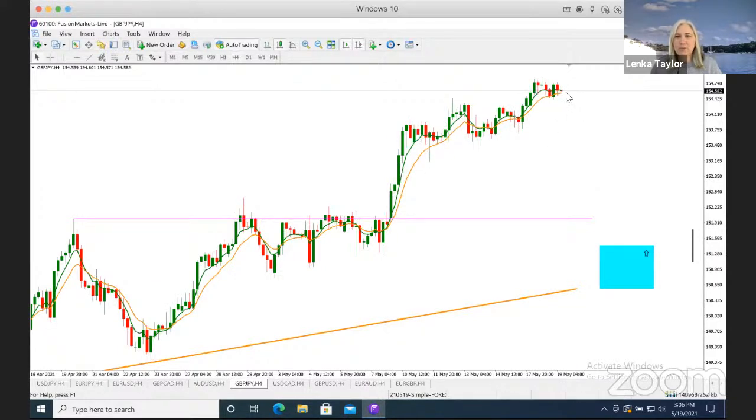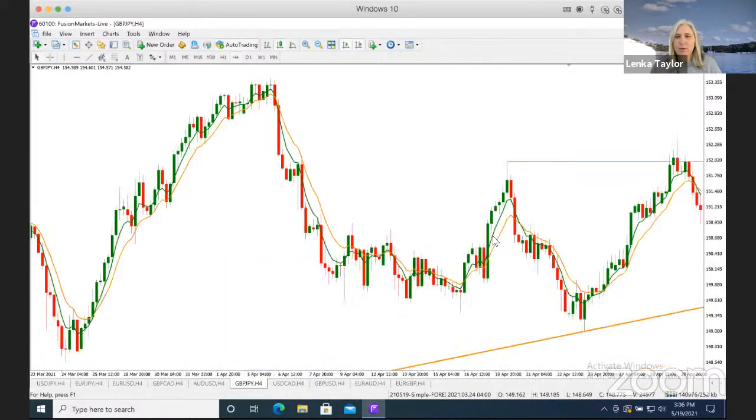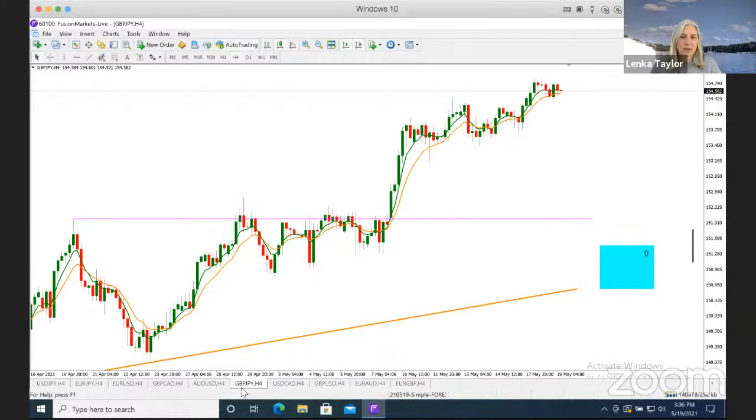At the moment, it's still going up. So the pullback is going to be required all the way down to either the previous highs or to the top of the channel there. Anywhere around there. That might take a while. So that's not a trade setup that I would be looking to take anytime soon.